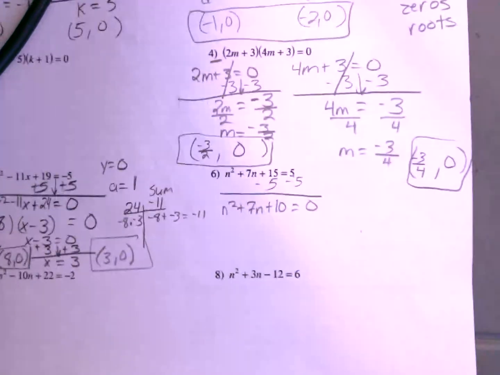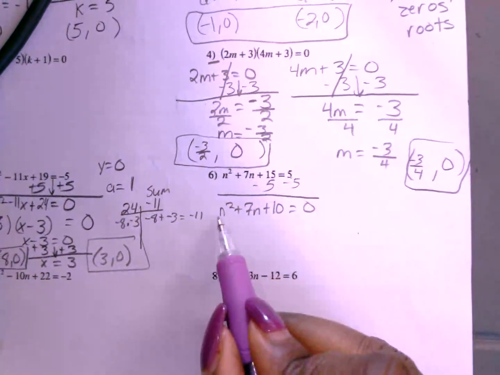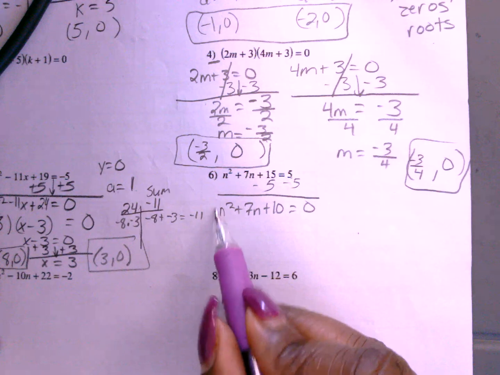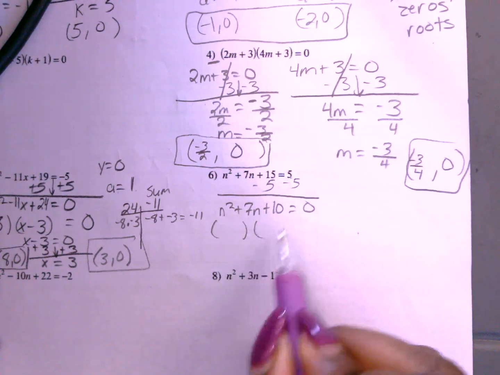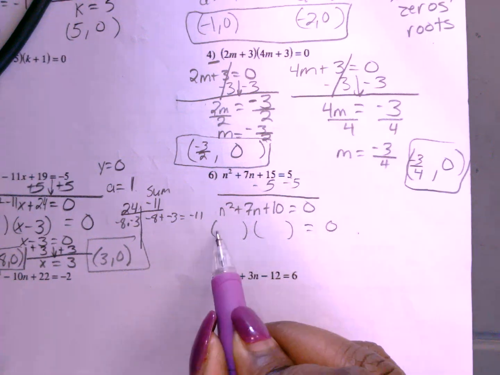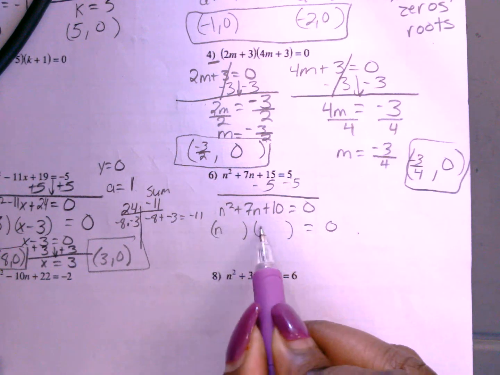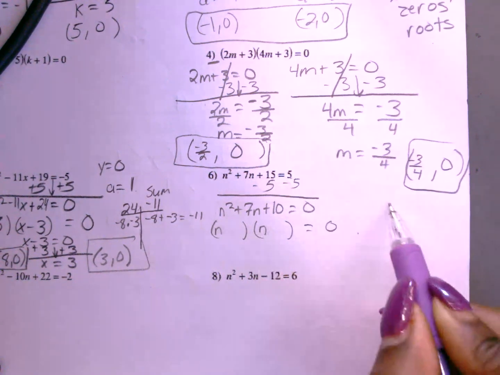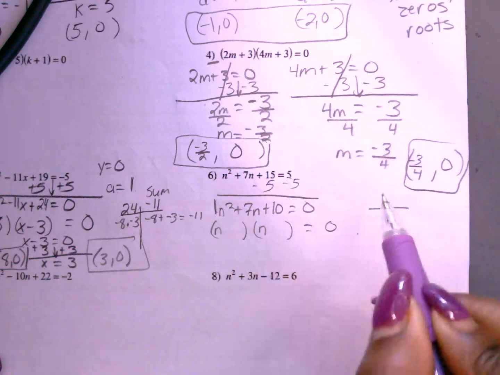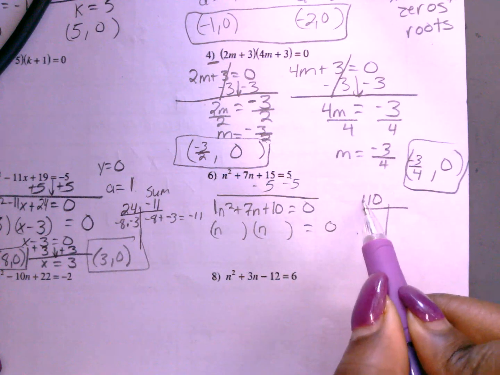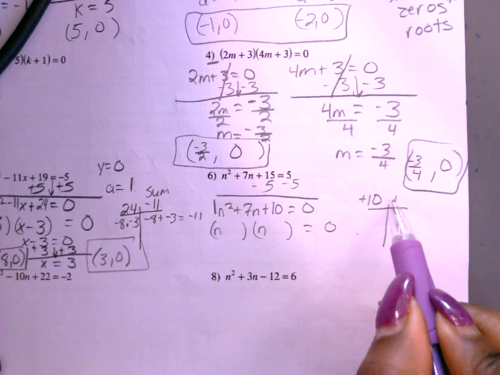Now you can factor that, okay? So you see this first number here is automatically a 1. So you're going to assume that you're going to have two binomials. You're going to put n in each. You're going to multiply the leading coefficient of 1 times 10, which gives you a positive 10. The middle number is a positive 7.